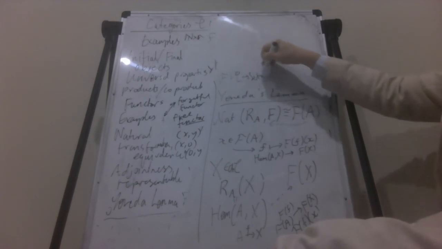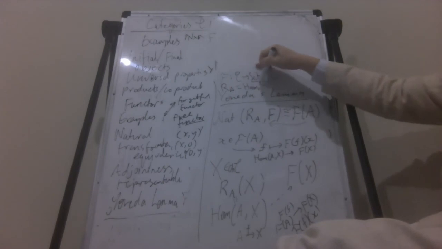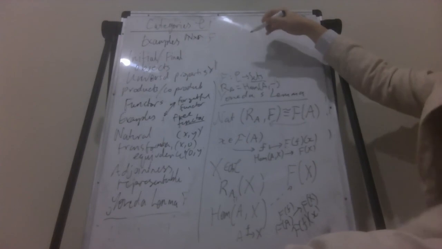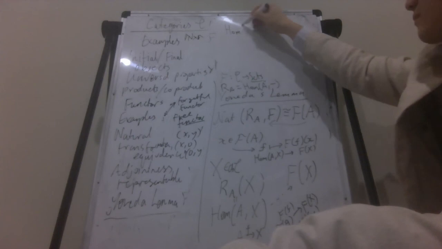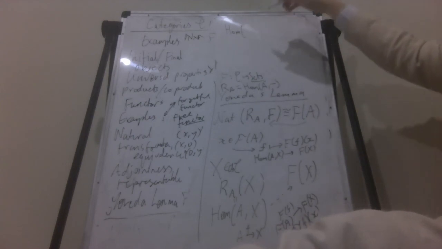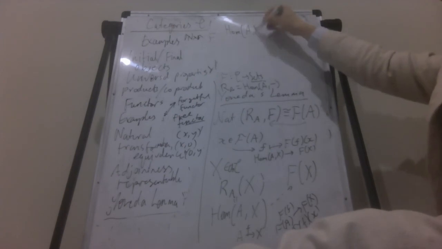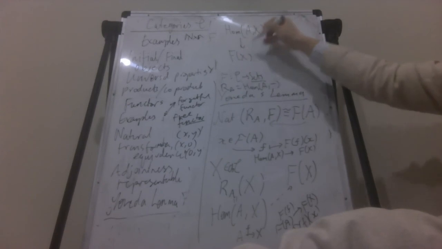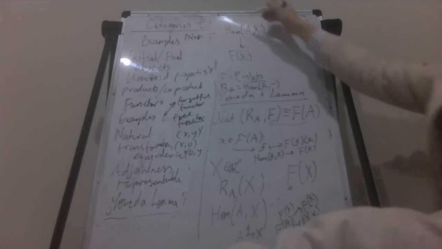Yeah, so you have a natural transformation now, right? So you have a hom AX going to F of X, yeah? Such that it satisfies some things, yeah? And this is for every object X, yeah?